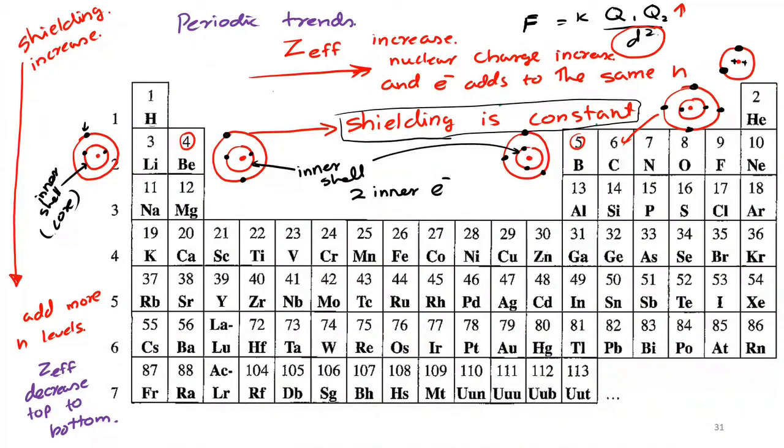ZEF and shielding is like the holy grail for predicting all the other periodic trends. And next, what we are going to do is see the other periodic trends and see how the ZEF and shielding can affect the other periodic trends. So let's move on and see how the other trends can work.